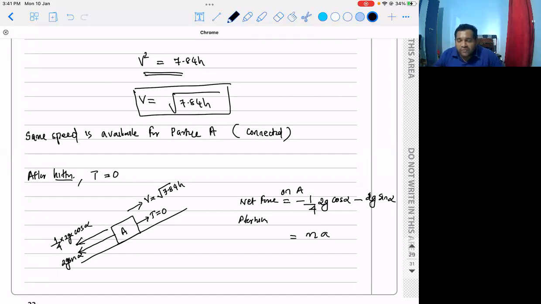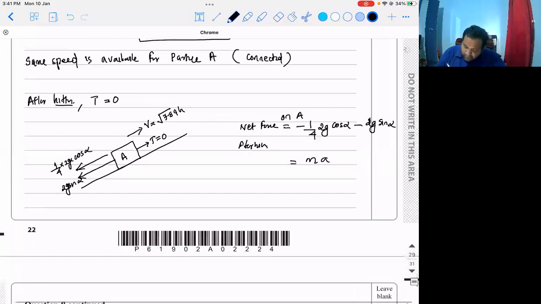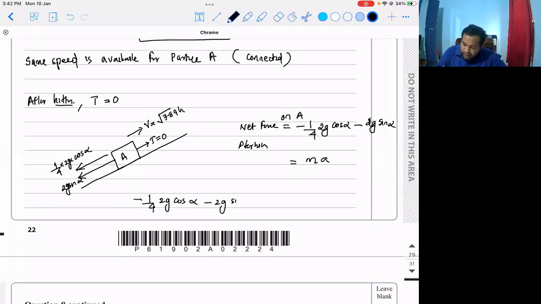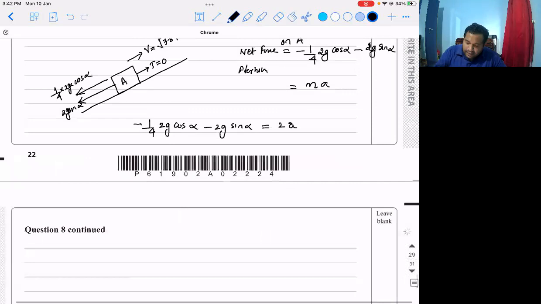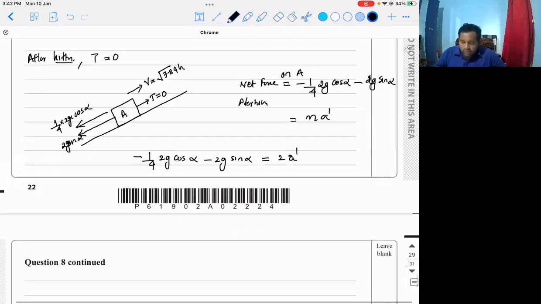After hitting, the acceleration of particle A has now changed. So minus 1/4 times 2g cos alpha minus 2g sine alpha is equal to 2 times a. We can call this acceleration a dash.